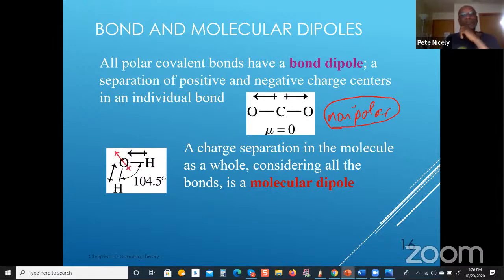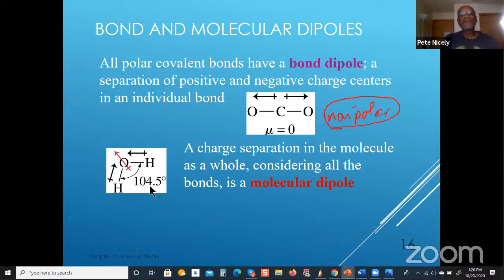Now, on the other hand, if you look at the water example here, you have the molecule basically arranged at a right angle. As far as the dipoles are concerned, for this bond, the dipole is acting in this direction. For this bond, the dipole is acting in this direction, which means that they will not cancel out each other. In fact, the net dipole will be according to the direction showed here by the pink arrow.